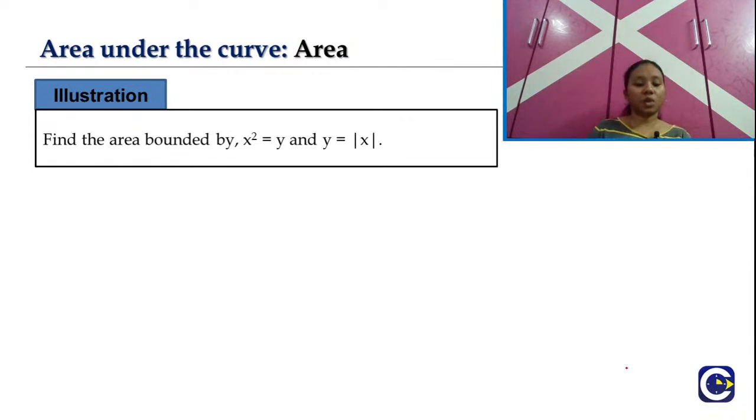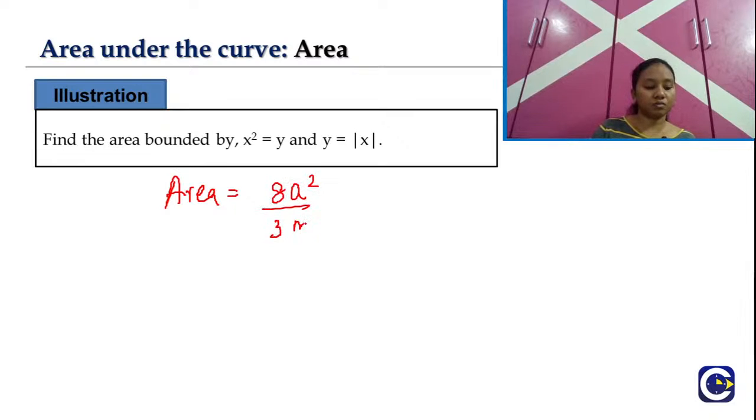So from the parabola, we can get the A value. So basically, what is the formula which we have used here? That is for the parabola and a line. So it will be 8A square by 3M cube. So this will be the formula.